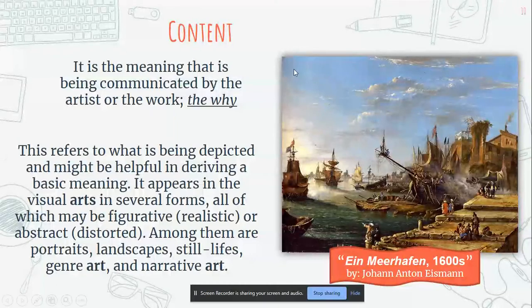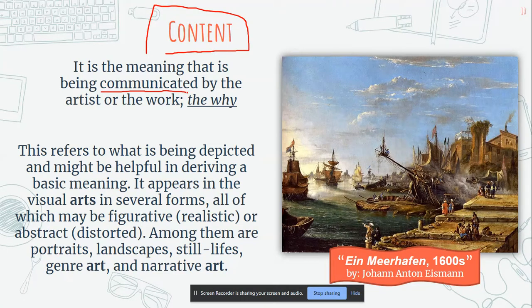We have the content. What is content? It is the meaning that is being communicated by the artist or the work. This answers the question why. This is the meaning being communicated.